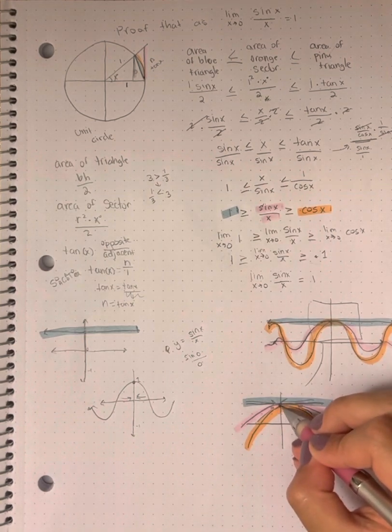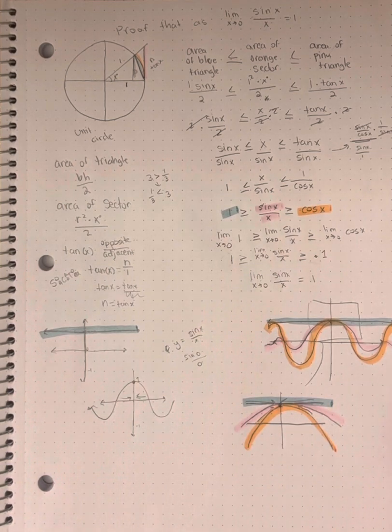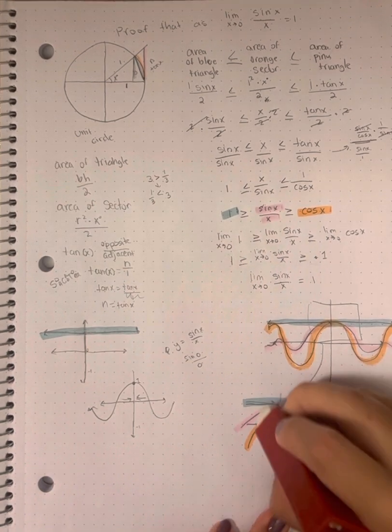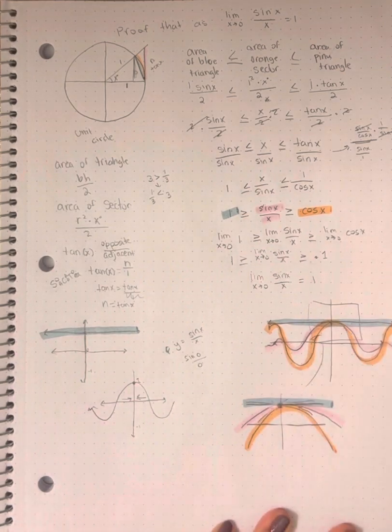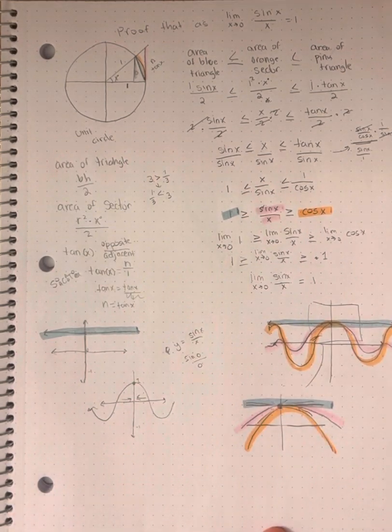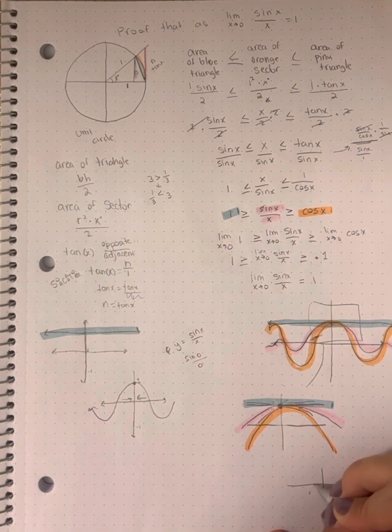Because both of these values are 1, this sine of x over x graph is going to approach 1, even though there is a hole there. So we can represent that by a little hole, and the actual graph might look a little something like this.